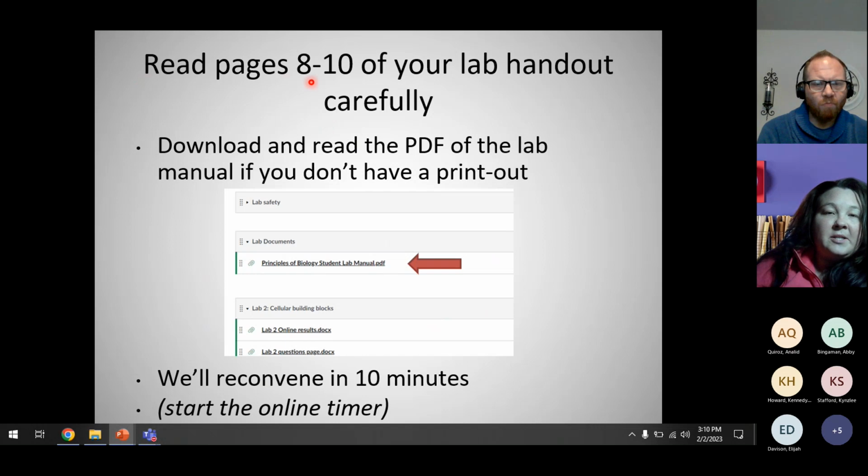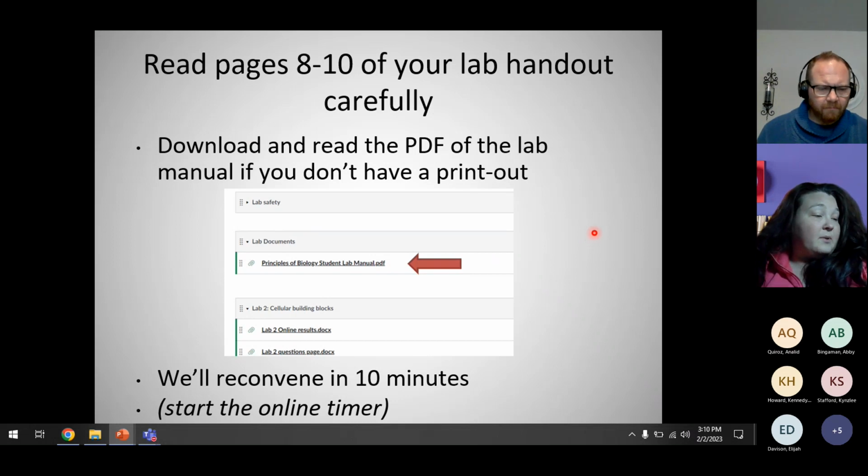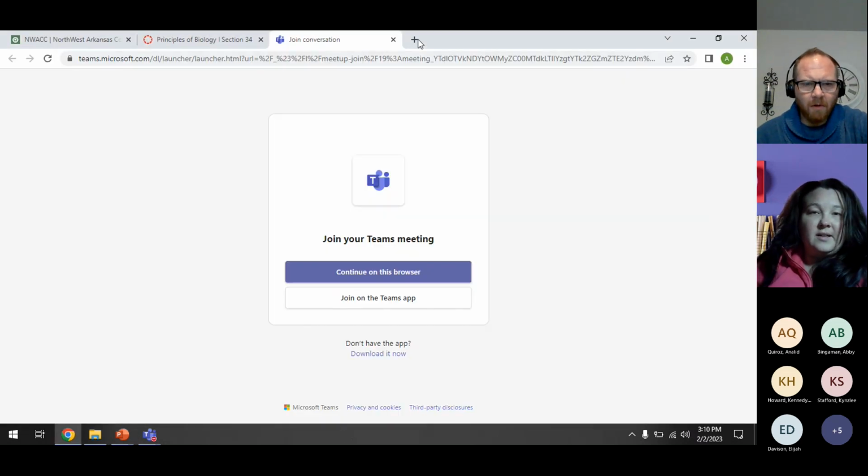Now it's time for you to read pages 8 through 10 of your lab handout carefully. If you have the lab handout in front of you, you can read that. Otherwise, you will need to go to Canvas and under Lab Documents, download the Principles of Biology Student Lab Manual and read that. And we will reconvene. This little notification is for me to start the online timer.